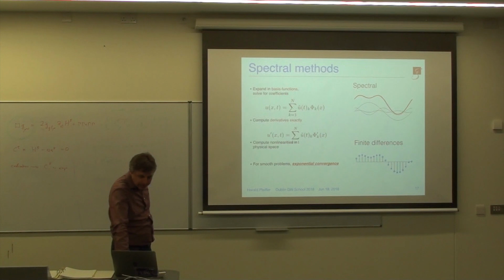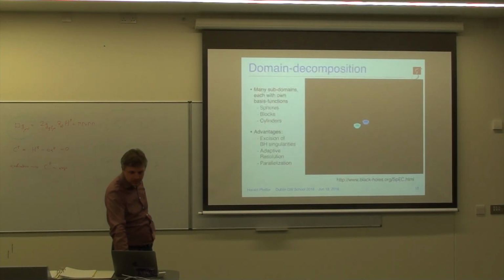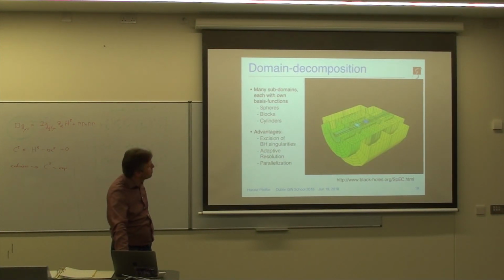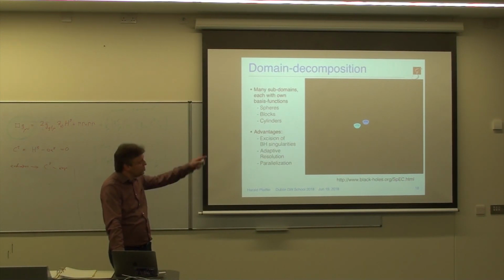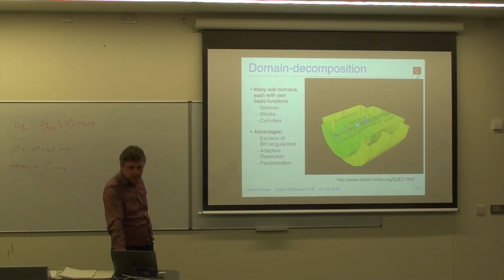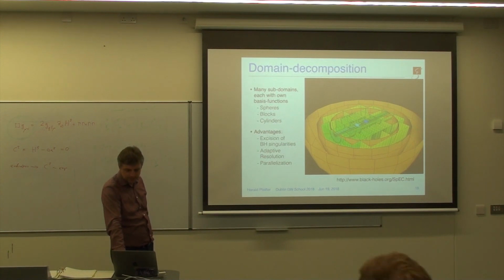I have already explained yesterday that we decompose into basis functions. The domain decomposition is also the means to parallelize the code, in that each of the many subdomains is being put on a different processor.